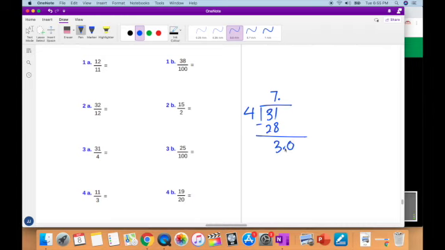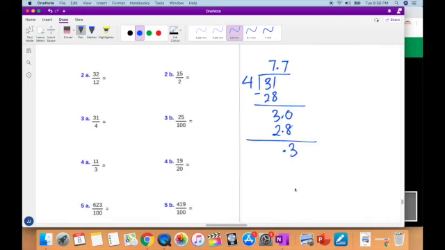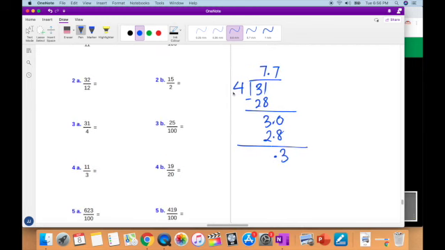So you're thinking about it as 30, right? So can 4 go into 30? Well, 7 4s are 28, but remember it's 0.7. So when you put the 28 here, you'll have that point there, and so you'll end up getting 0.3. And well, this 4 can't go into this. Wait, no, sorry.